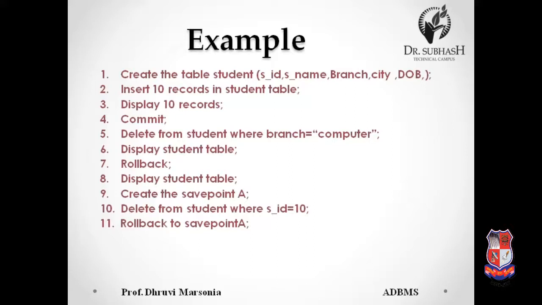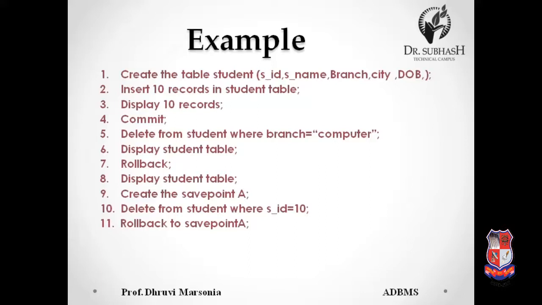After that, perform a delete operation on the student table where branch equals computer, and again display the student table. Roll back the student table, display after rollback, and also display the student table. Create the save point A, delete from student where student ID equals 10, and at last perform the rollback to save point.